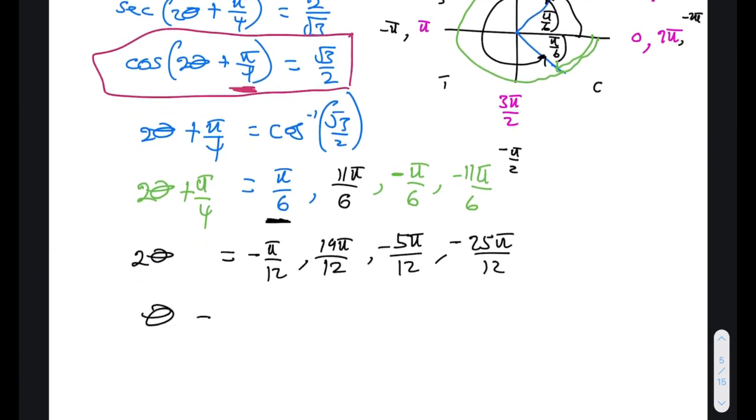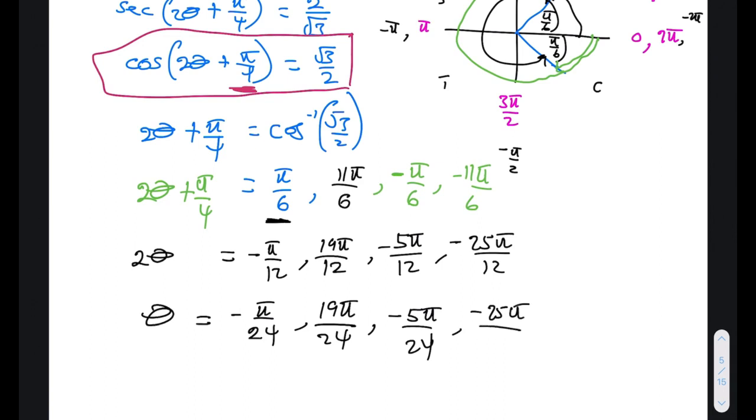Okay, so finally you divide through by 2, and then that means we have negative pi on 24, 19 pi on 24, negative 5 pi on 24, and then negative 25 pi on 24.